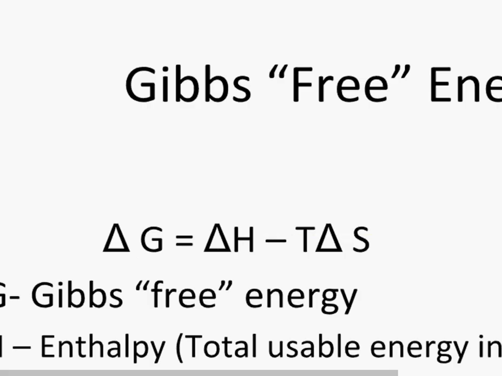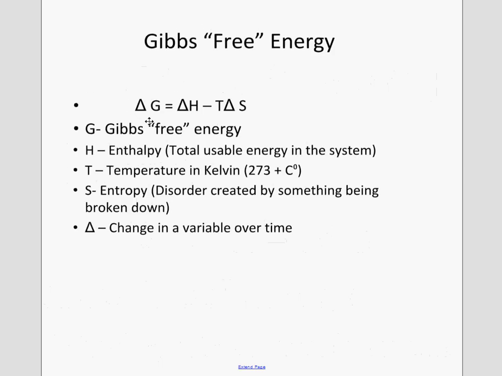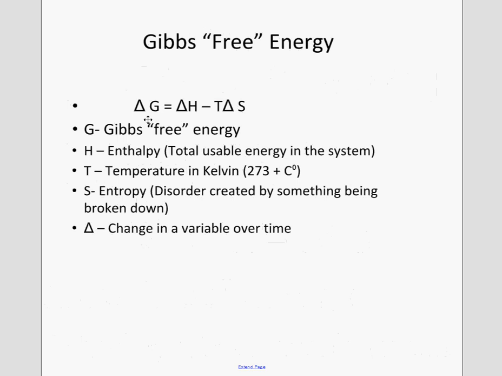That brings us to this equation. We have a way of measuring that and calculating that, and it's the Gibbs free energy equation. Gibbs free energy is represented by G, and free energy is the amount of energy that's available to do work. So again, we're not talking about heat energy, we're talking about good energy, like energy in chemical bonds or energy in sunlight.